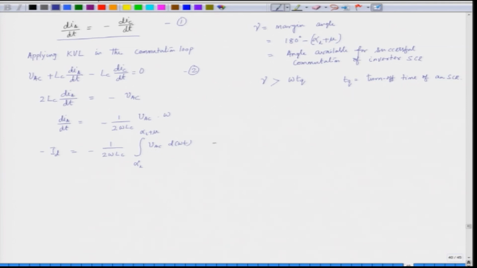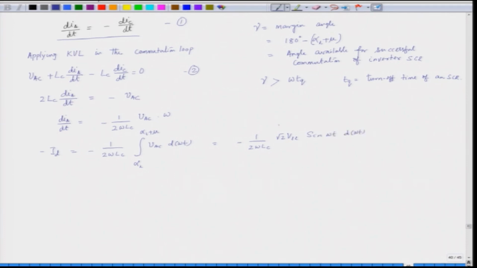And what is VAC? VAC is the line voltage. So, minus 1 by 2 omega LC. This is V line, the RMS value. If you want the peak value, we can multiply by root 2 into sin omega t d omega.